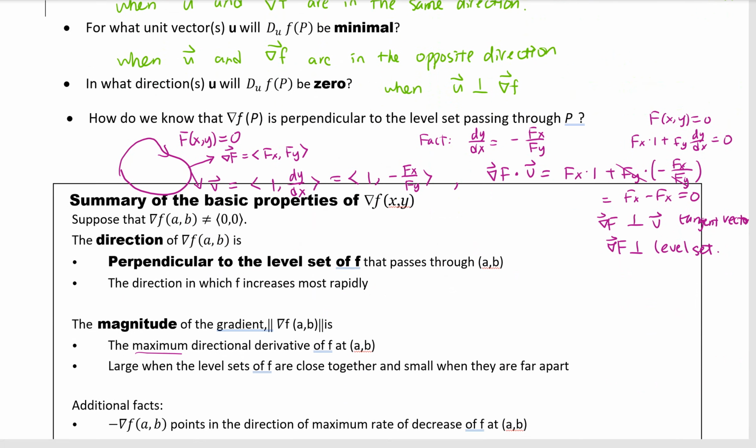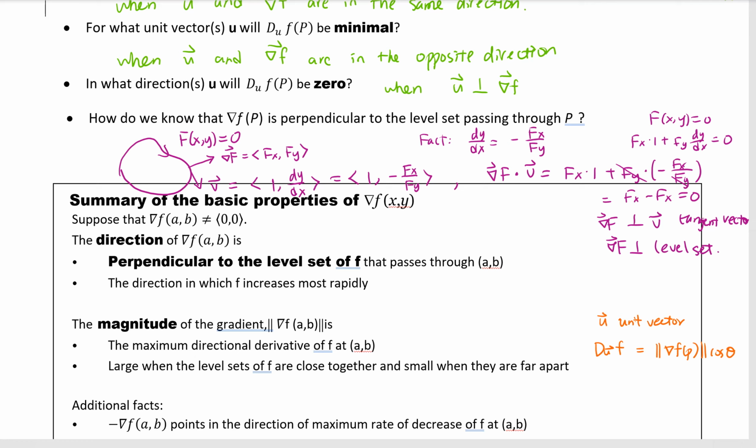The magnitude is larger when the level sets are closer together and smaller when they are far apart. Why is that? Do you remember, if u is a unit vector, then the directional derivative of f equals the magnitude of the gradient vector times cosine theta, where theta is the angle between u and the gradient vector.